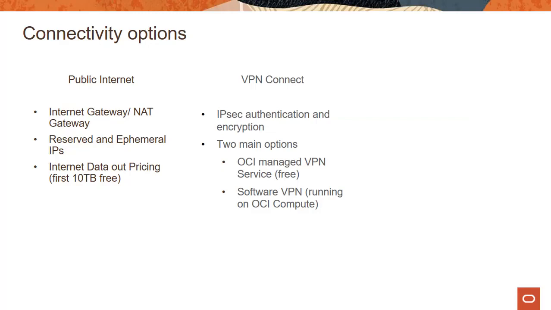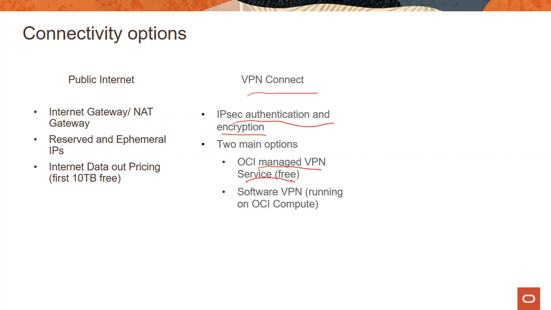There are two more options which we really didn't discuss in a lot of details in the previous module on virtual cloud network. And these options are around VPN Connect and Fast Connect. So what do I mean by VPN Connect? VPN Connect is basically an option where you connect two different sites using IPsec protocol. So we'll look into more details, and there are two main options which are available here. The first is an OCI managed VPN service, which is offered for free.